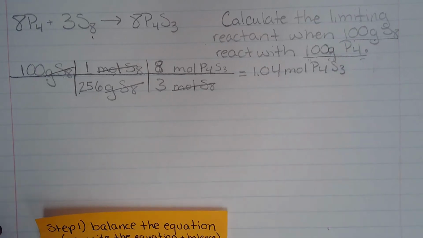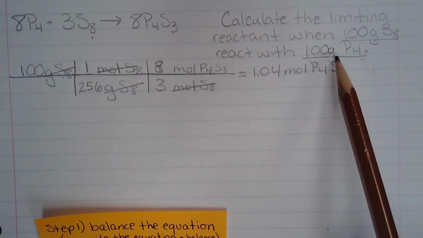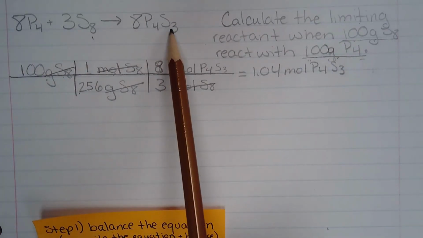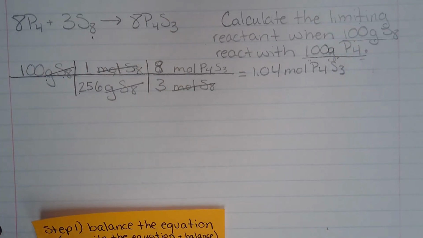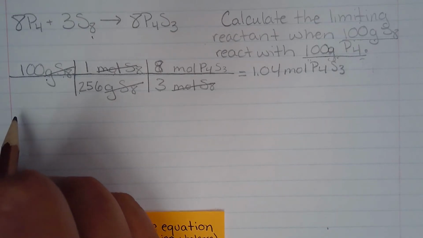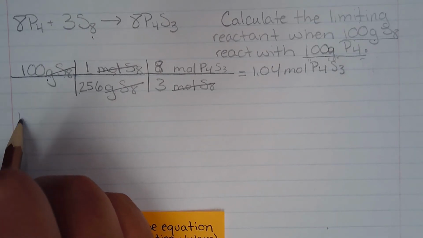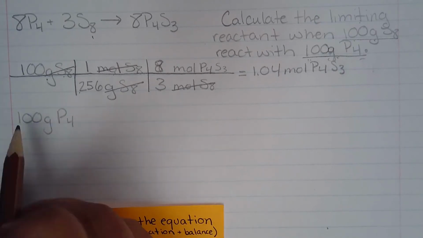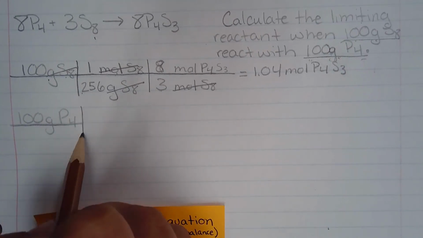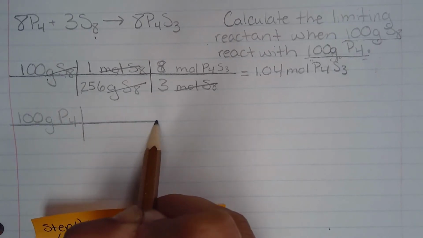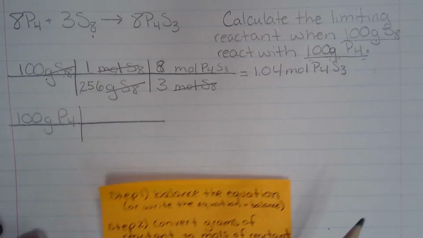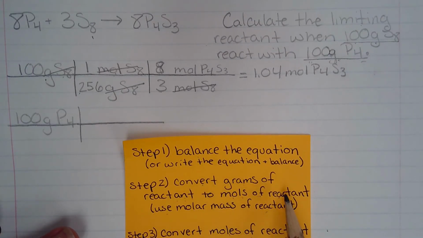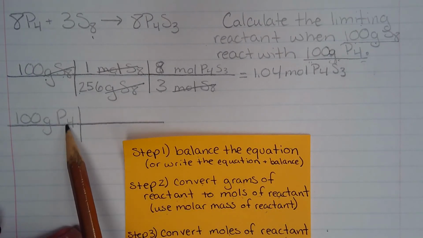moles of P4S3. Now let's see what happens if we put in 100 grams of P4 and follow our recipe. How much P4S3 can we get out? So we move down to a new line and put 100 grams of P4. We start our reaction. We don't have to balance, we have to convert from grams of reactant to moles of reactant. Now our reactant is P4.